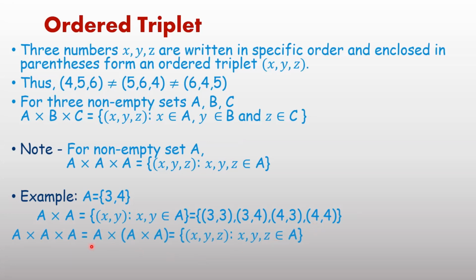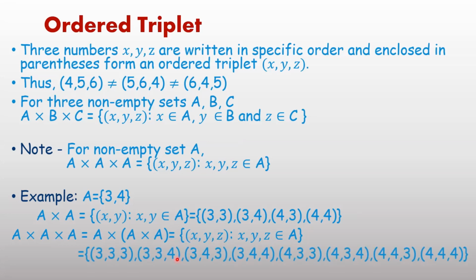Now A cross A cross A. A cross A we have already calculated here. Same pattern applies: (x, y, z). In this pattern, for different values of x, if x equal to 3, apply these ordered pairs.